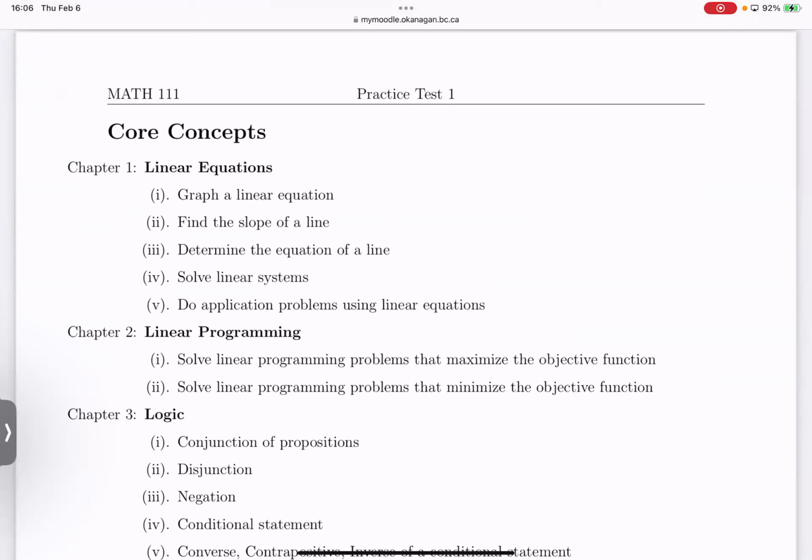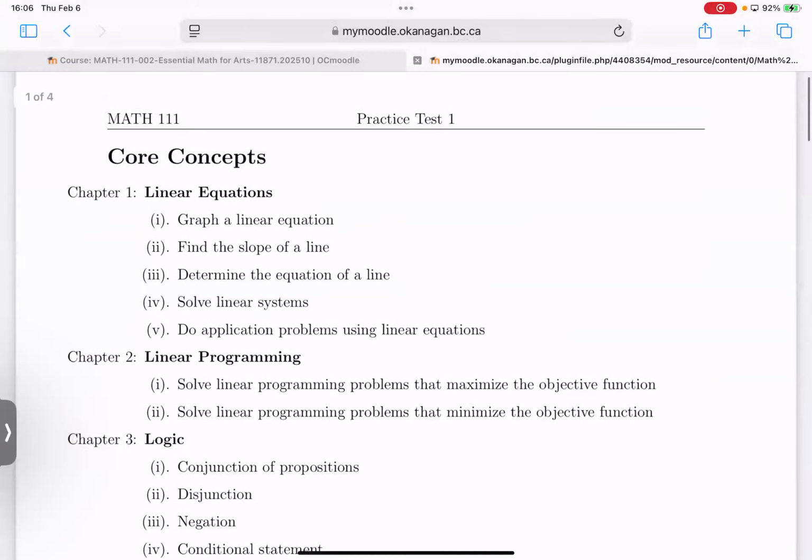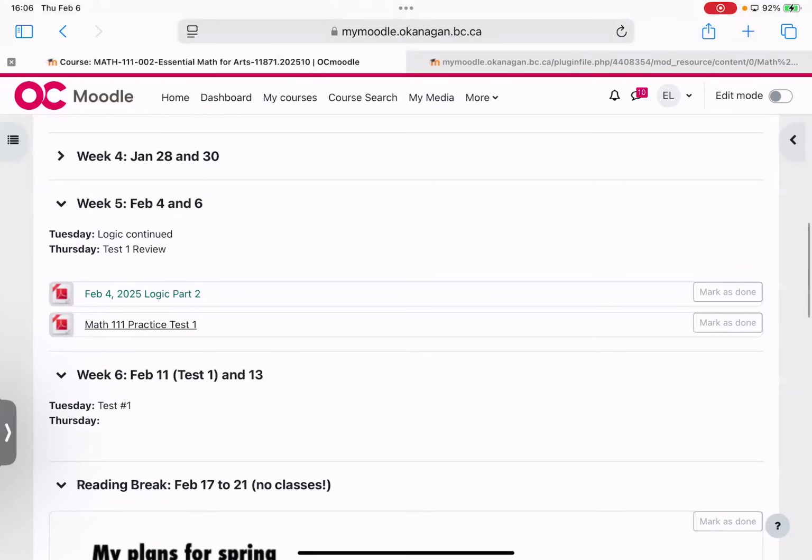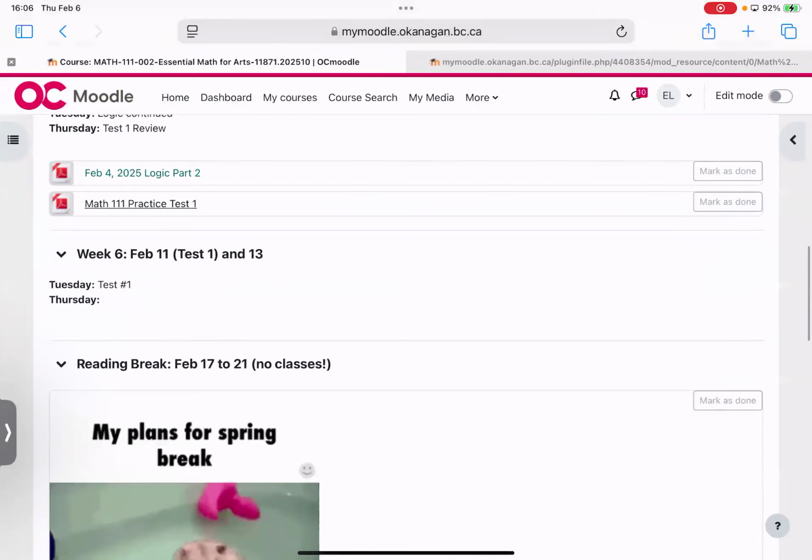I like to do a list of core concepts. Oh, I forgot, I haven't started yet. So we'll do review today, and test one on Tuesday. Oh my gosh, so fun. And then Thursday, I think we're all going to be zonked from our test.